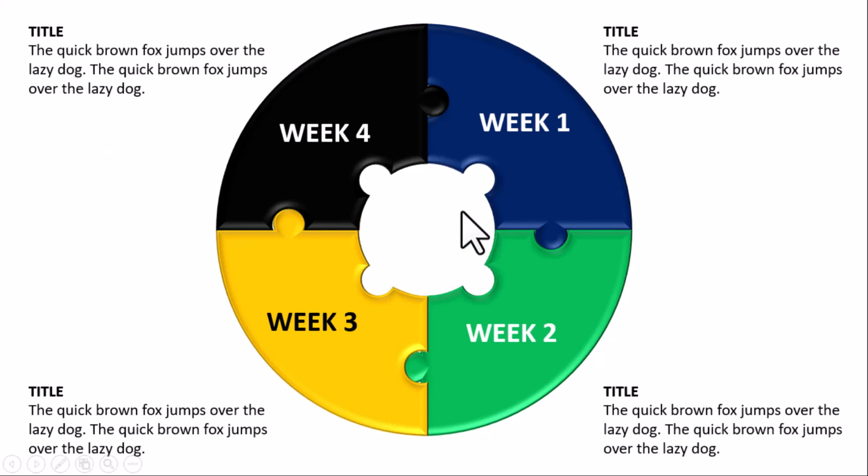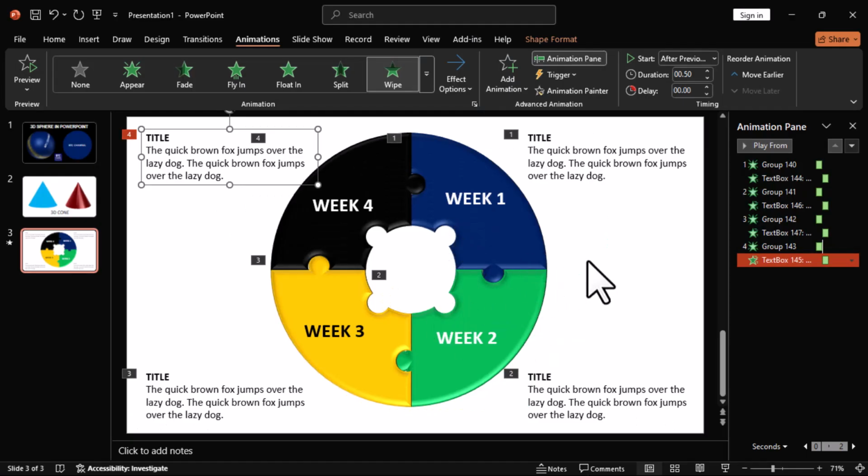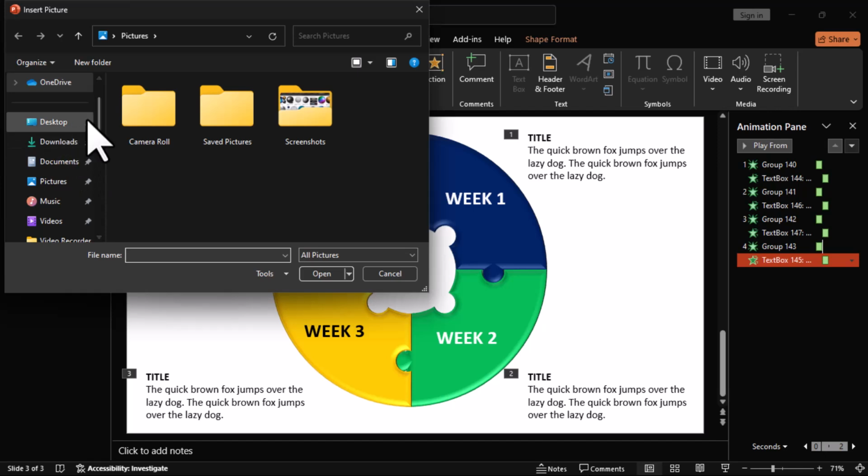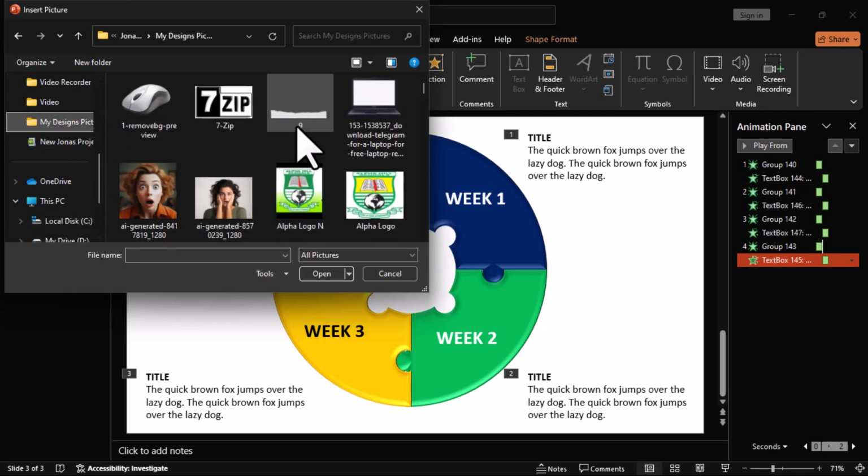Now I want to insert some icon within this particular shape or this hollow shape, and that can be the logo of your company or whatever. So I'm going to move to the insert tab, images group. I'm going to select pictures and then choose this device, and I'm going to search for a picture and insert that into my slide area.